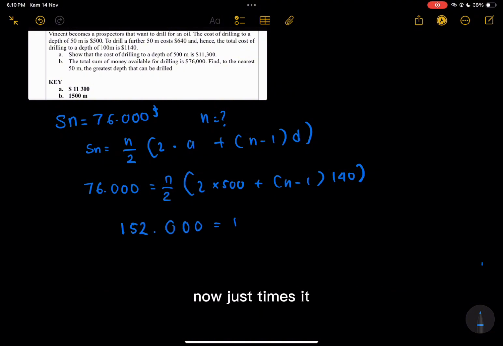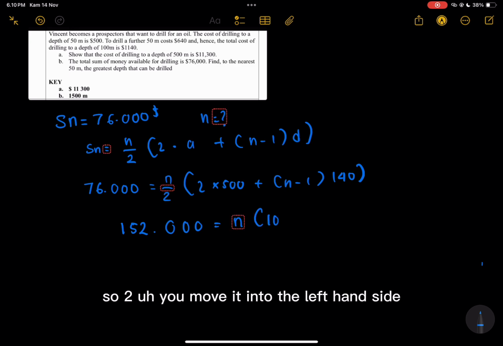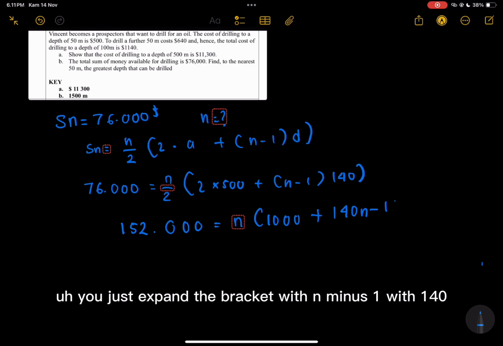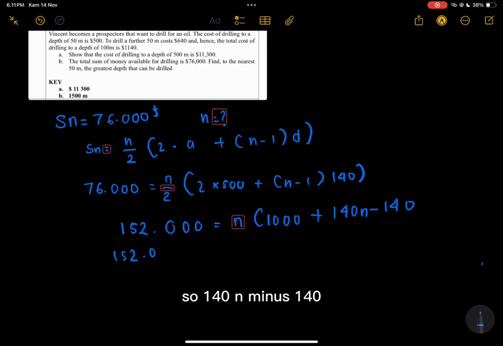Now just multiply by 2: 76,000 times 2, so the 2 moves to the left-hand side, so 152,000 equals n in the brackets, 2 times 500 is 1,000, plus you just expand the bracket with n minus 1 times 140, so 140n minus 140.